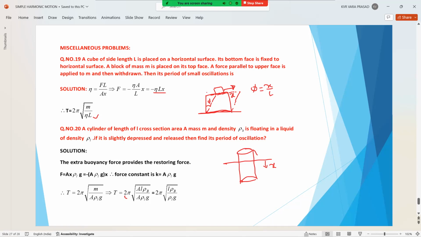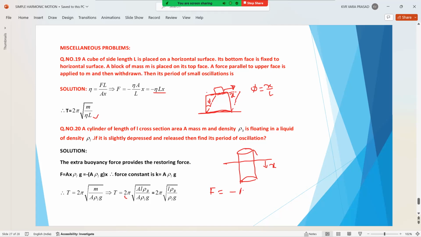Then corresponding to x, we have extra volume inside the liquid, and for this extra volume we get extra buoyancy force. I am repeating: if you take x length extra inside, then the extra buoyancy force will be the restoring force.